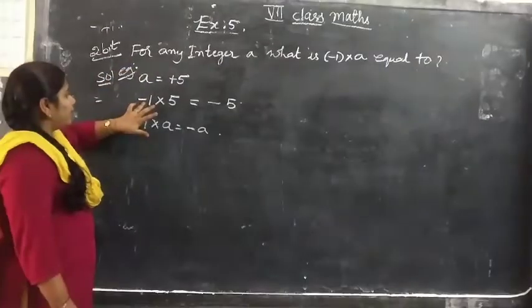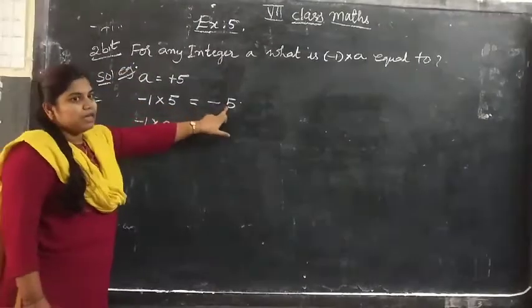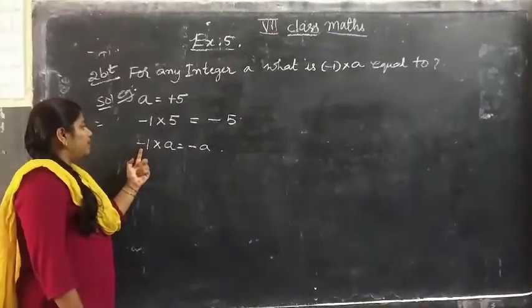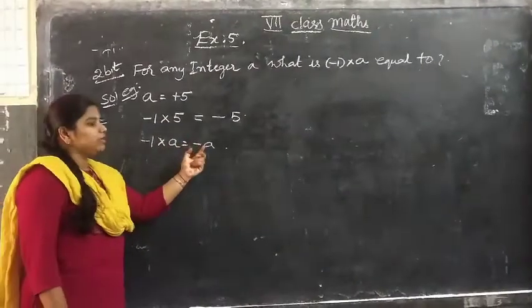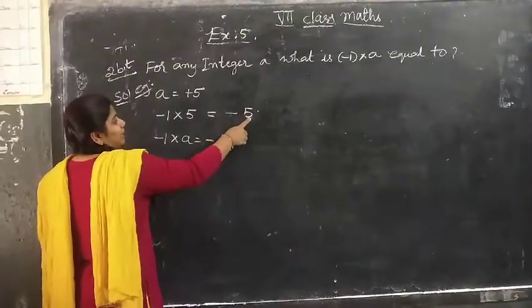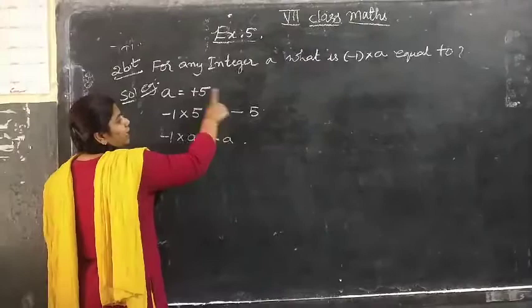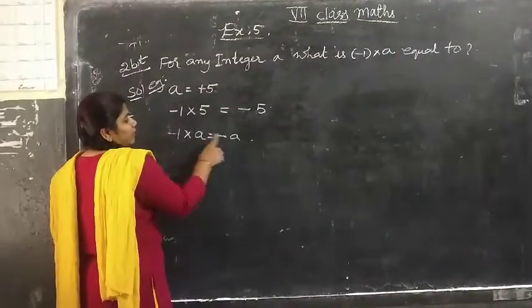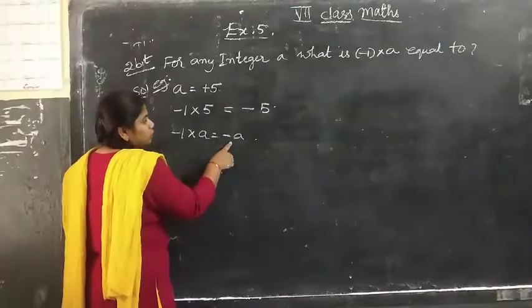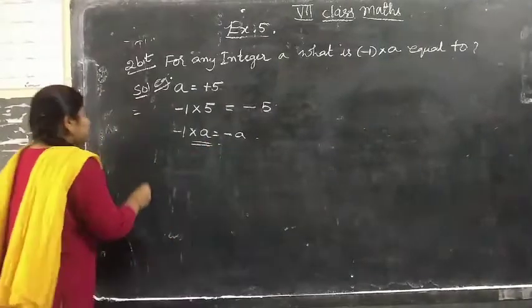In the same way, if you are multiplying minus 1 and a, the result will always be minus a. Minus 1 into a will be equal to minus a.